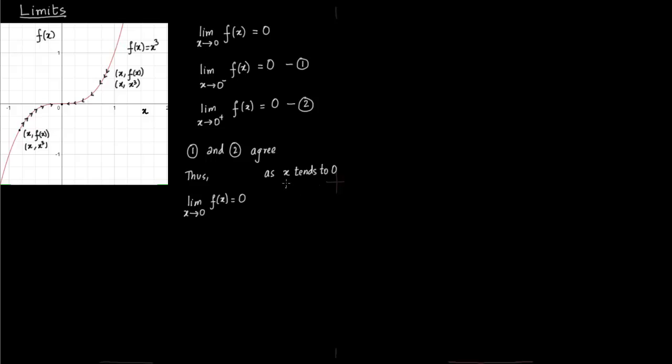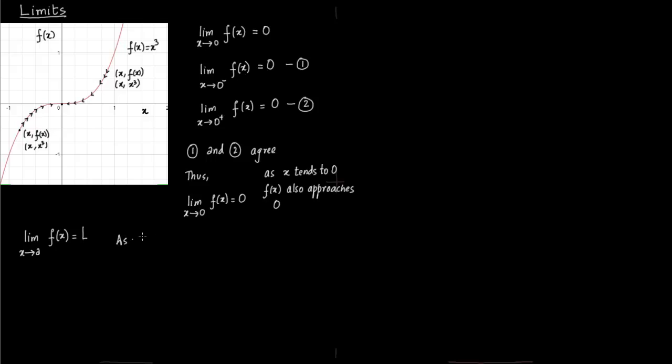So we say as x tends to 0, f of x also approaches 0. Again, f of x is nothing but x cube here. In general, you could have any function f of x. It could be x plus 1, x square, or anything.